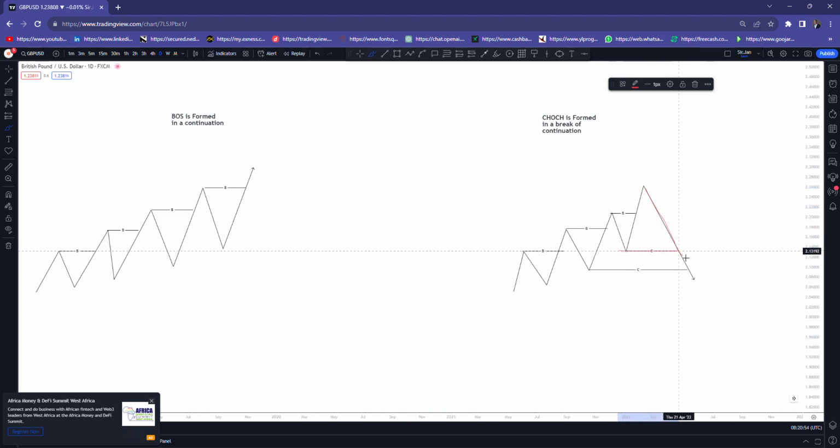changes character here. Now here's the thing, I've placed two change of characters intentionally so that you can realize that the movements that I usually see on the socials, people saying they are change of characters, they are not yet break of structure, they are still change of character.